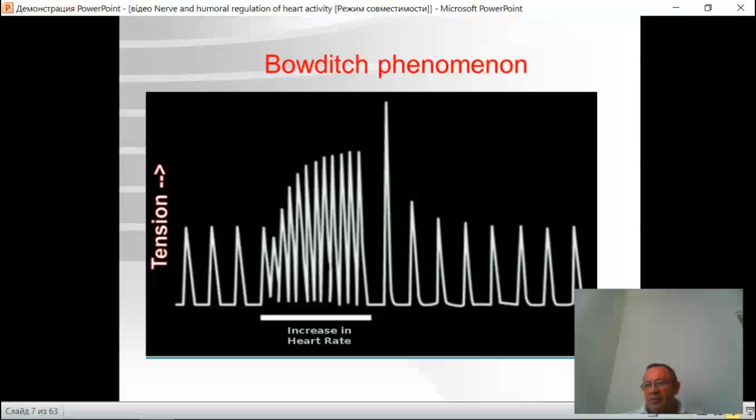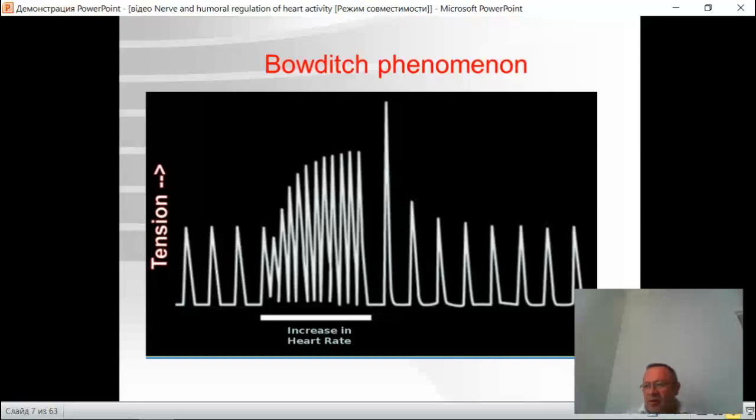The mechanism: an increased heart rate leads to a gradual accumulation of calcium ions in the myoplasm. In cardiomyocytes, it does not have time to be completely pumped into the tanks due to a decrease in diastole time. The more calcium ions, the more actin-myosin bridges will be formed, the greater will be the force of heart contraction.